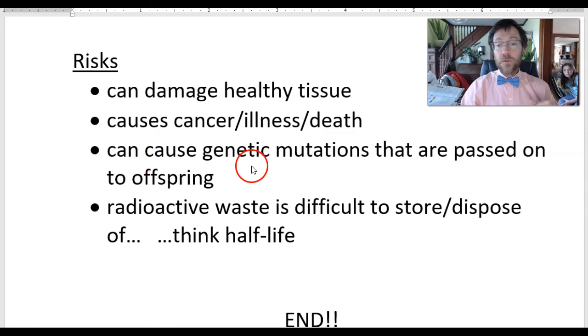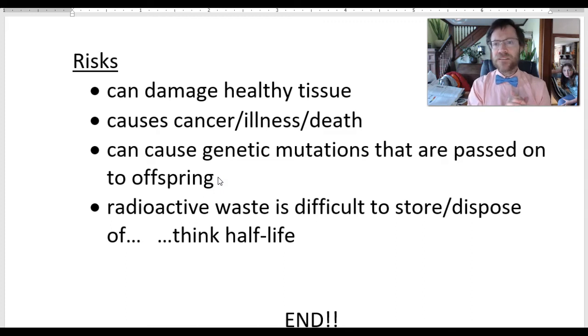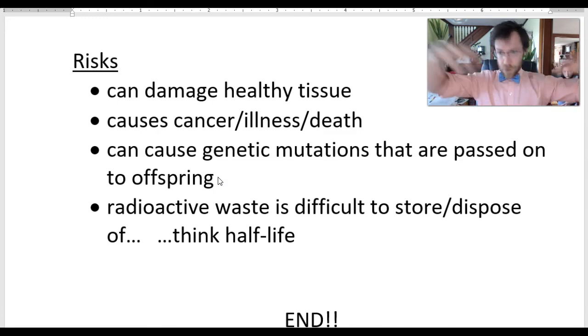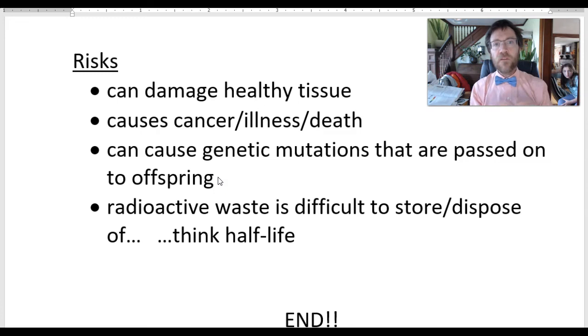It causes genetic mutations that are passed on to offspring. This one is disgusting, but it actually happens. In Croatia or Bosnia or something like that, there is a kind of bomb that they exploded in the air, and I can't remember the exact size, but it was a radiation bomb. A huge explosion. Everyone thought they were fine, but what it did is it exposed the entire population to a radiation that is known to cause genetic mutations to offspring.